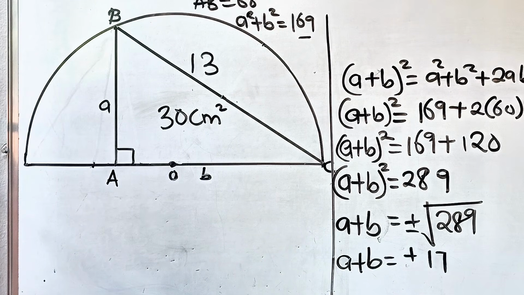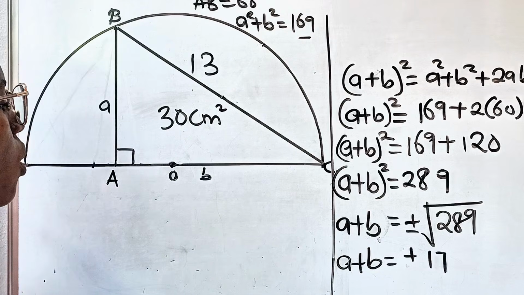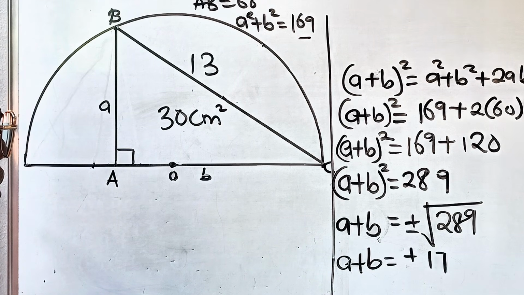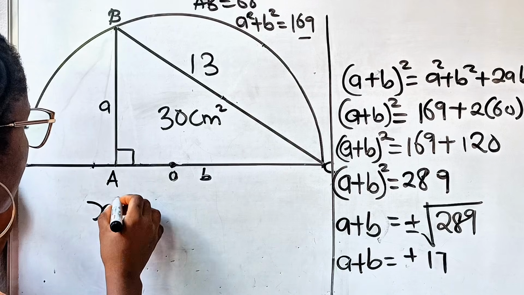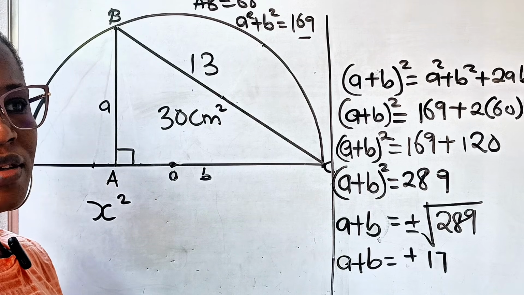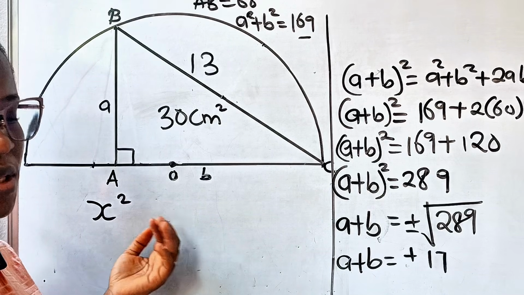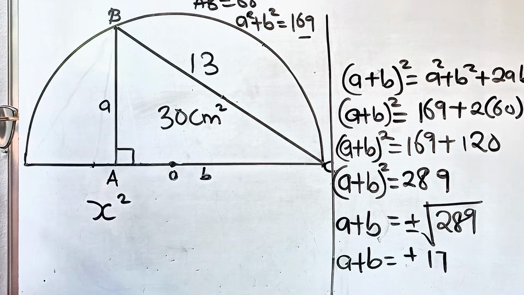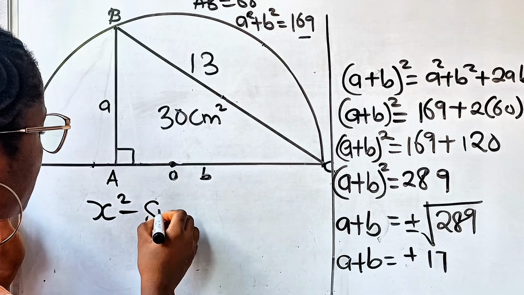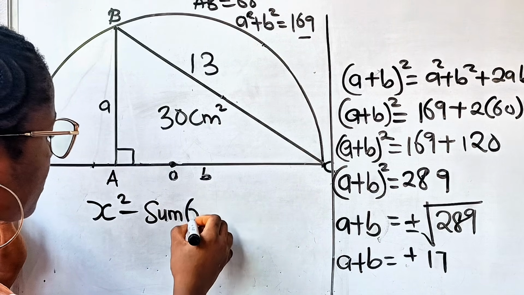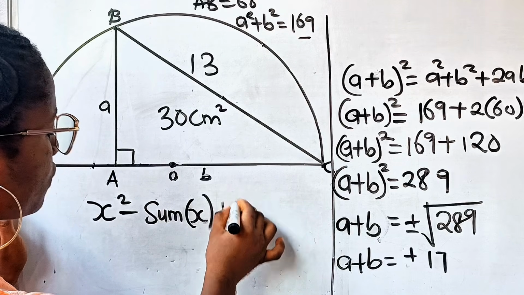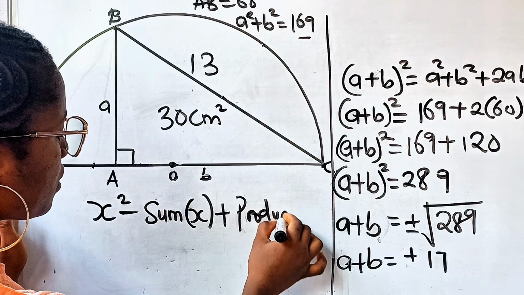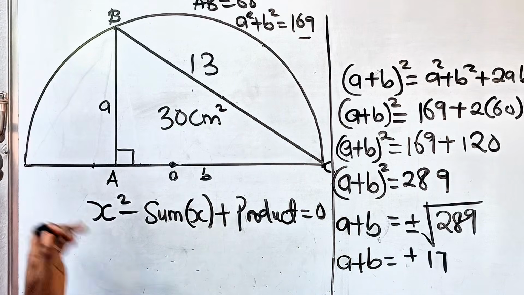Now, I want you to notice something or to remember something. This is the ideal way that your quadratic equation should look: x squared minus the sum of the roots times x plus the product of the roots, and this will give you 0.